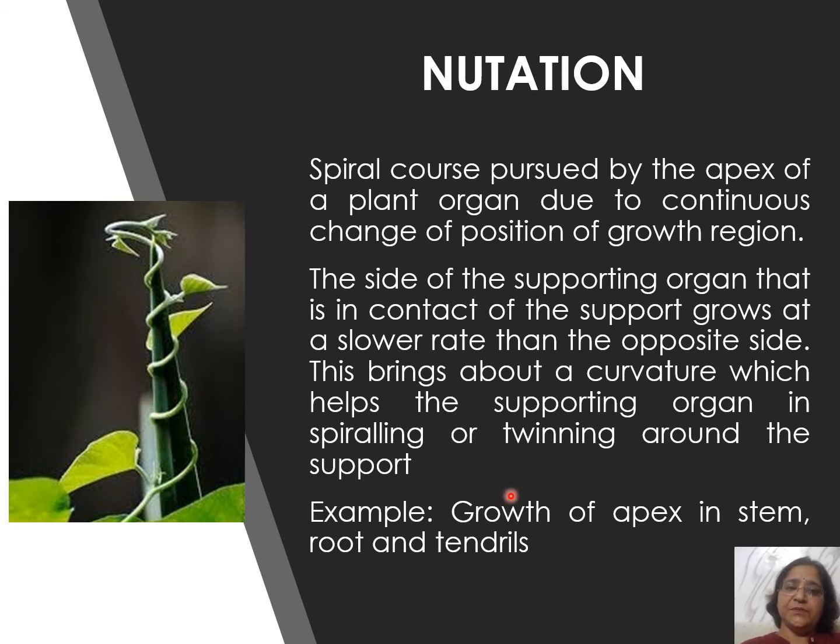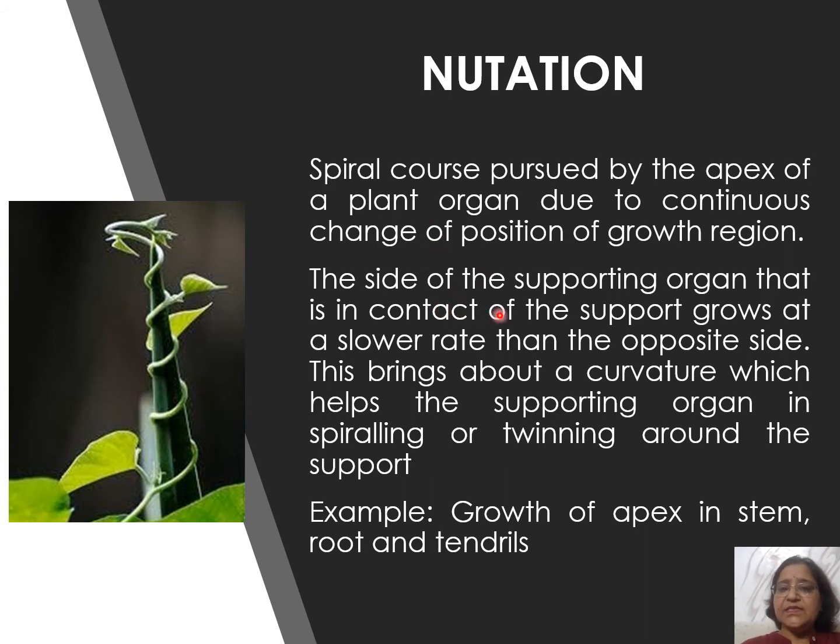Nutation. What is nutation? You must have seen that in some plants the leaf stem, the climbers, and the tendrils roll around the support. So this is a spiral course pursued by the apex of the plant due to continuous change of position of the growth region.